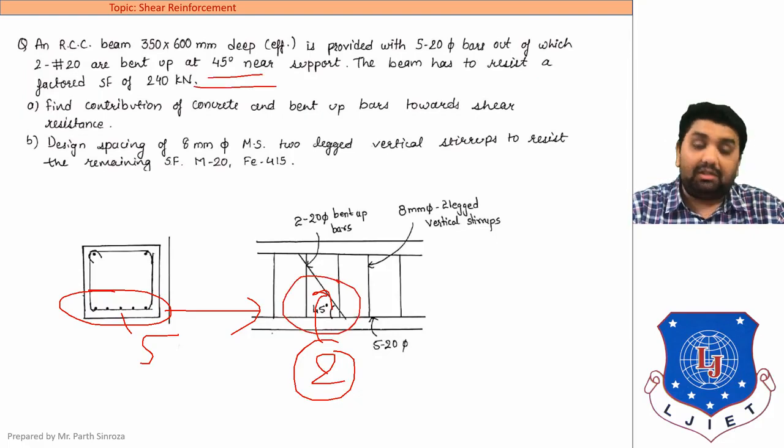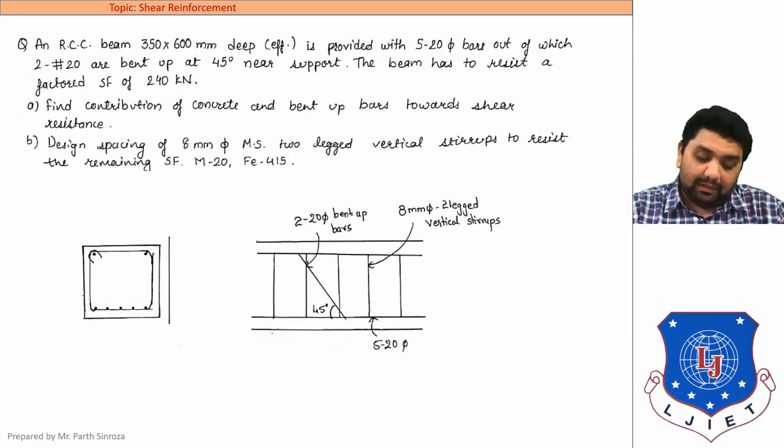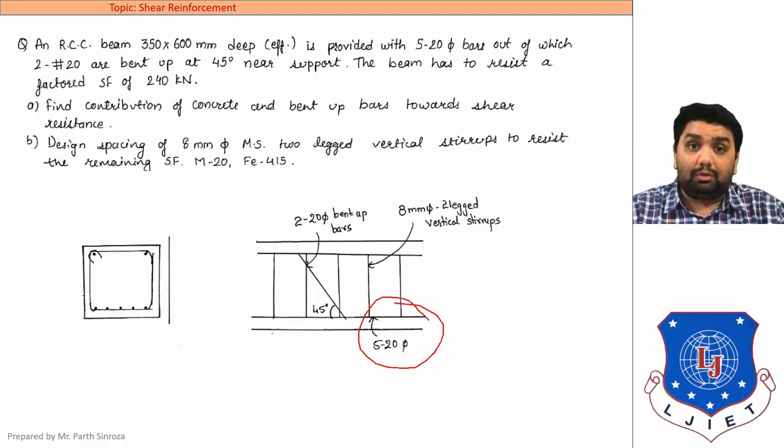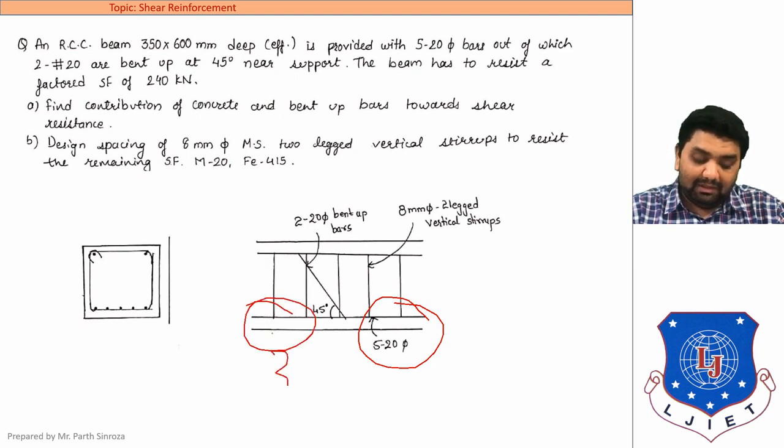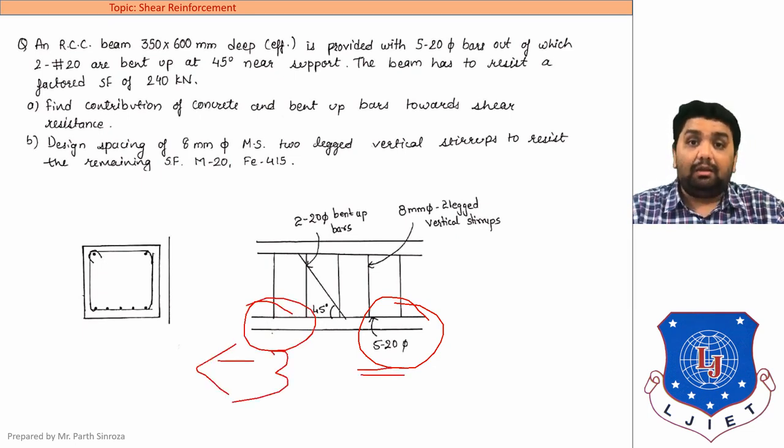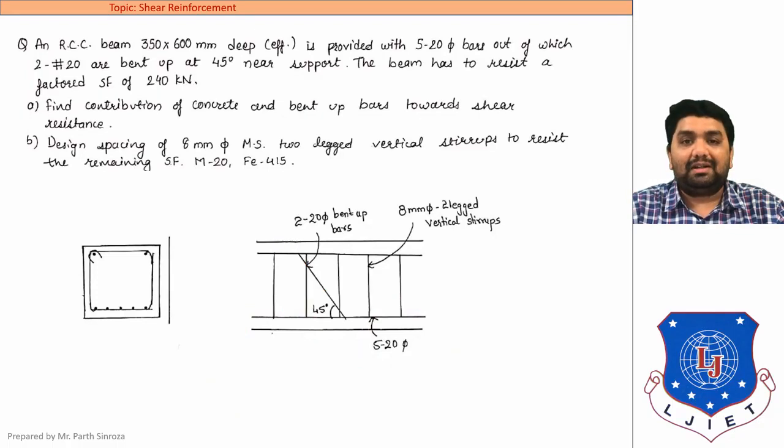It is mentioned in the question. Clear? So the figure will be somewhat this way: the total number of bars coming through is 5 numbers of 20 mm diameter, and here the remaining will be 3. Out of these 5, 3 numbers will go straight towards the column and 2 numbers of bars will be used as bent up. So we need to see another equation for this, that is for bent up bars.